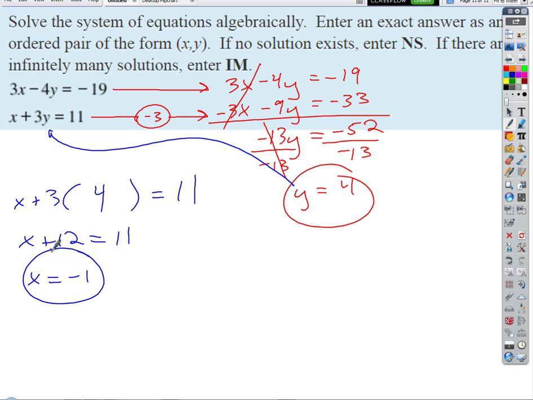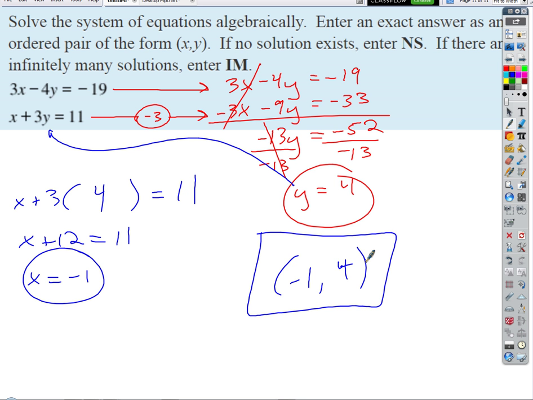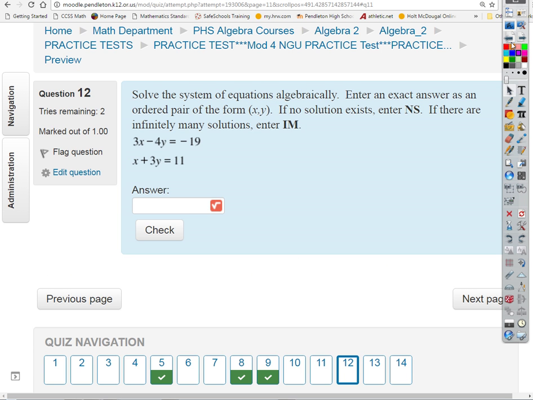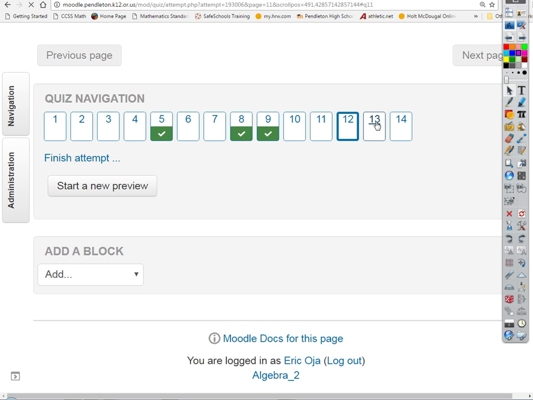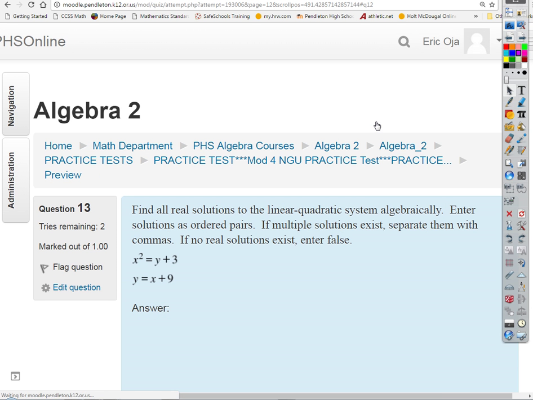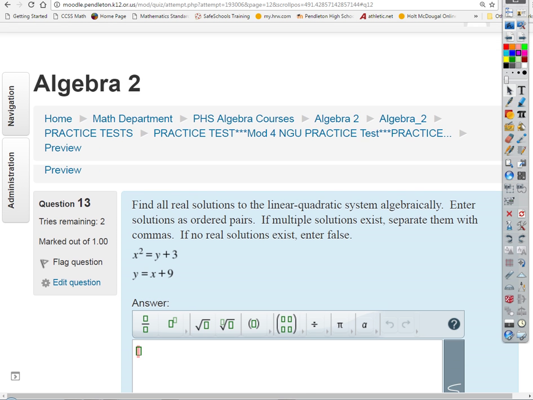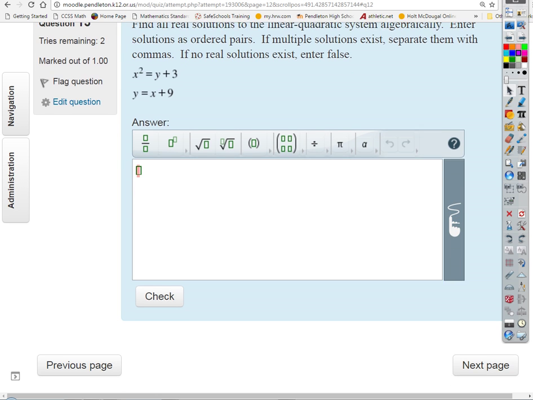Yeah, x is -1, y is 4, so in Moodle, I just enter the ordered pair -1, 4. That's it. Okay? All right, last couple are solving linear quadratic systems. Take a quick look at these. So what if I've got something like this guy?